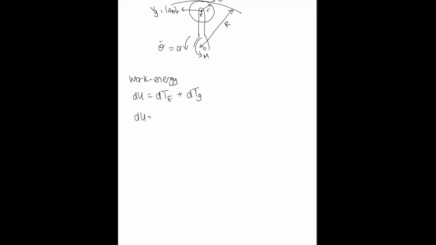For dU, we have an external force applied with a torque M, so it's going to be M d theta, and our dT_E is simply d of half I_O omega squared. To simplify that, we take the derivative of this expression, so it's equal to I_O omega d omega.